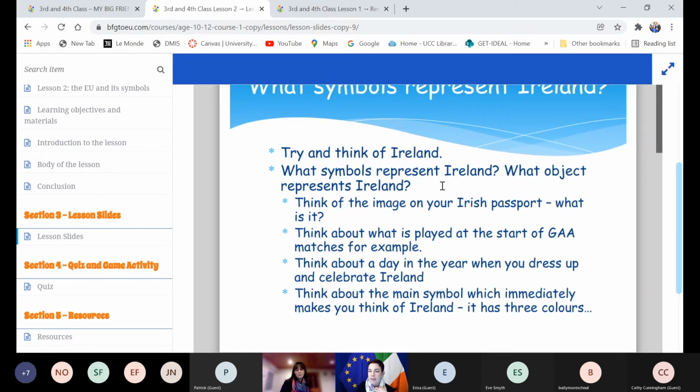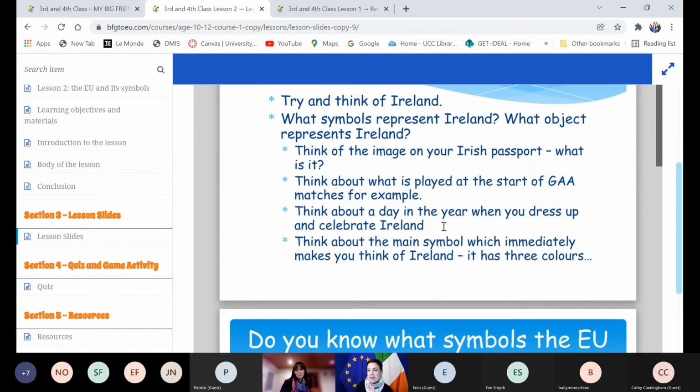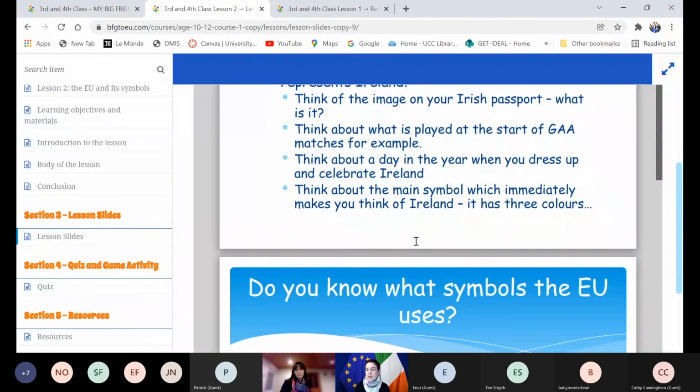You try and think of Ireland first in terms of the symbols that represent Ireland, and Trish has a great activity sheet with different symbols, not necessarily about Ireland, just symbols like the toilet symbol, and getting the children to find out what the symbols represent.